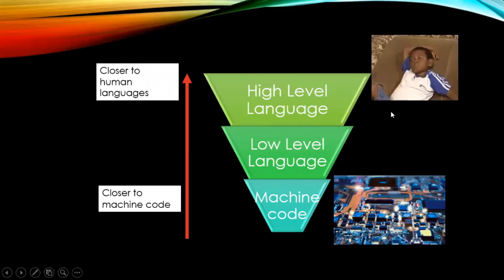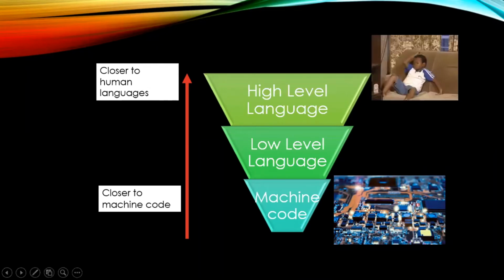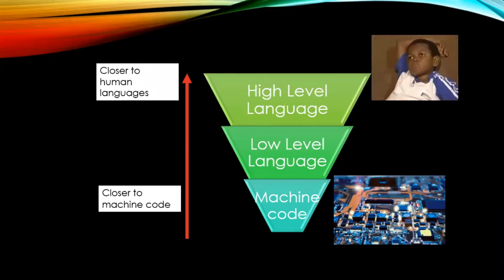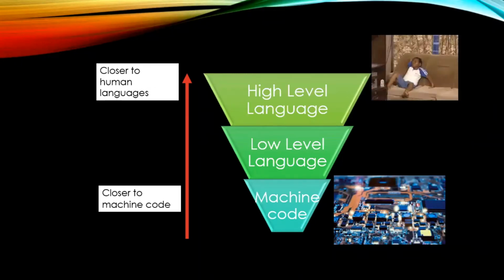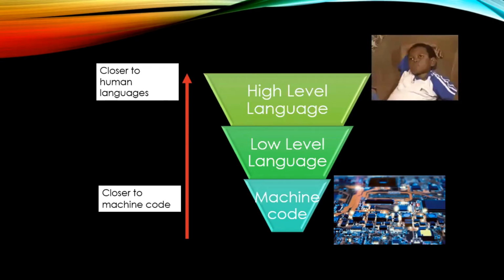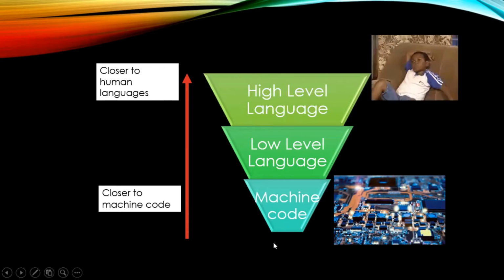Okay, most of you are very lazy, in the sense that we tend to find things that are easier for us, in the sense that we're going to write languages or programs which are closer to human languages. So at the bottom level, you have machine code.